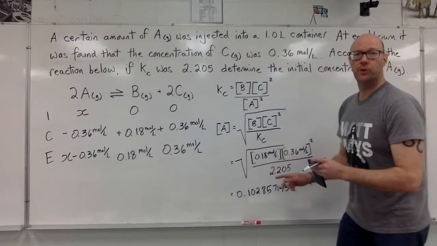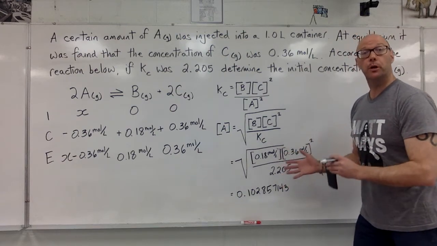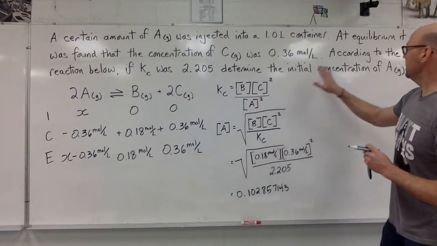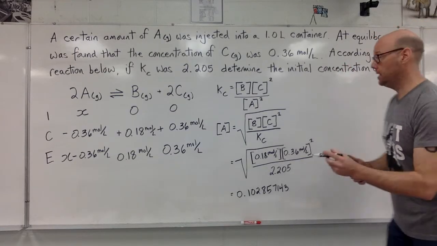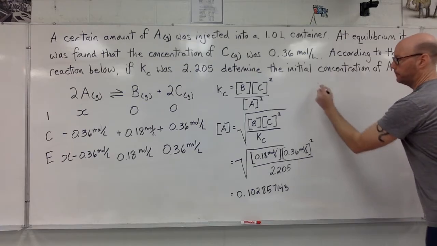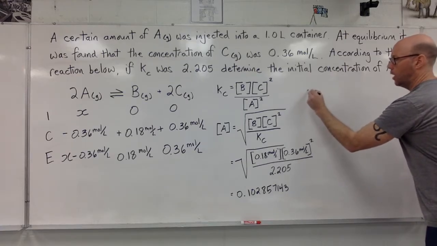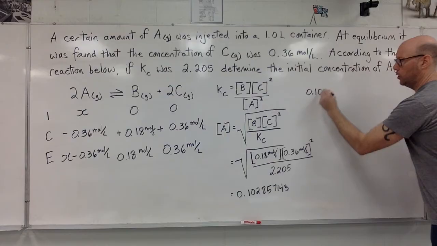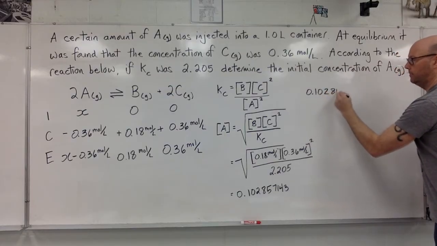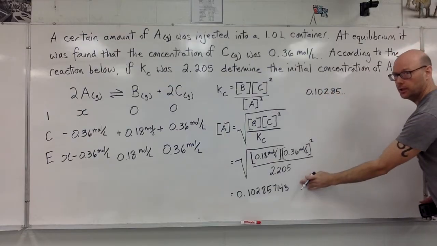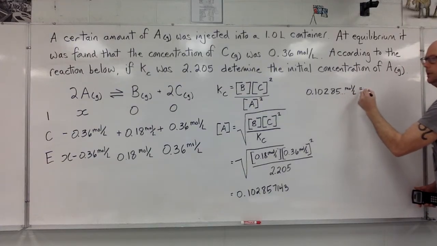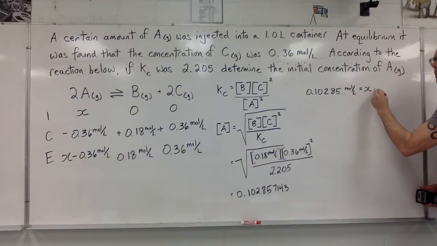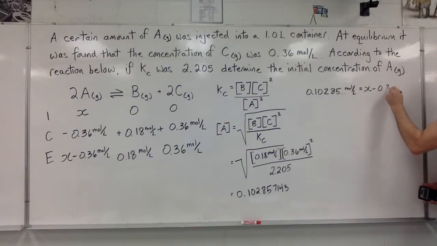That's the value that would go right there. But we don't want the equilibrium concentration. We want to determine the initial concentration of chemical A. This is going to mean that our answer, 0.10285 moles per liter, equals X minus 0.36 moles per liter.